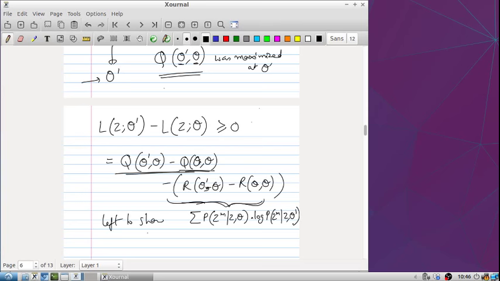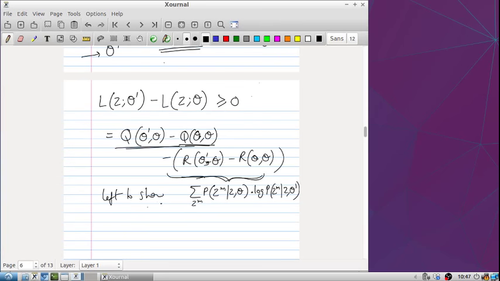Okay, that was what r was. Remember, r had this. First of all, the L1 term, the second term was essentially this, and I said I'm going to sum over a conditional distribution over Zm. The sum is over Zm. This was R of theta prime comma theta.